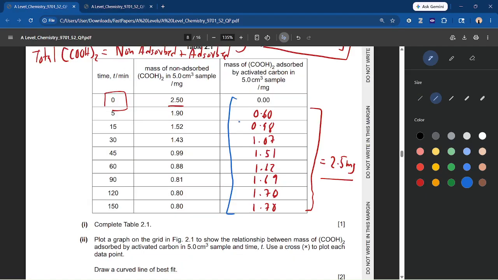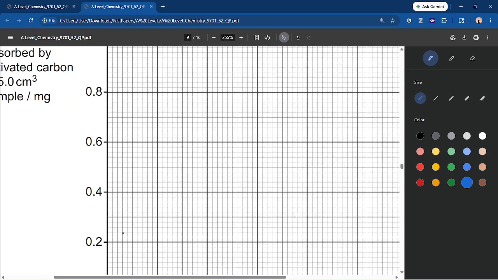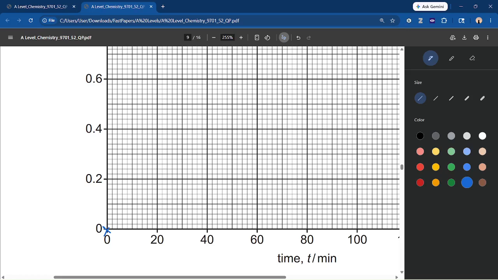So X over there, and at 5 minutes you're going to have 0.6. If we assume that this is 10, then 5 minutes would go here.